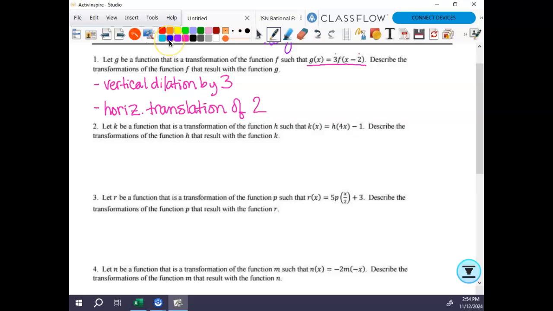All right, let K be a function such that it's a transformation of H, so we have this here. We're going to describe the transformations. Looks like I have 2 here as well.